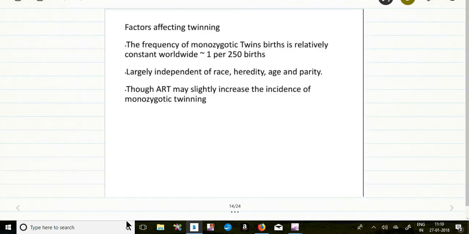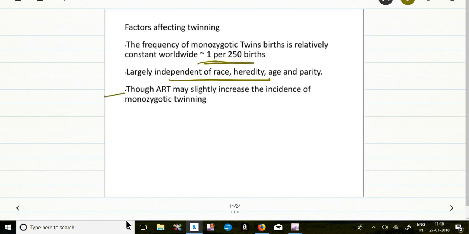Monozygotic twinning, on the other hand, is more or less constant at the rate of 1 per 250 births as mentioned in the books. It is largely independent of race, heredity, age and parity. So it is a random event occurring at around the rate of 1:250 births.